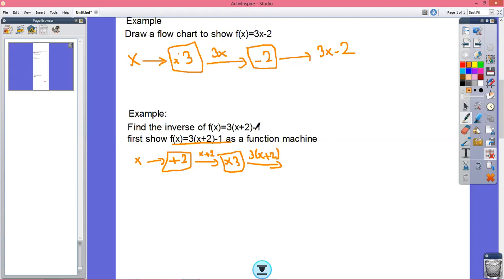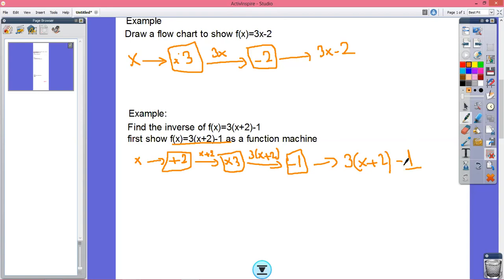Now after that, what do we have? Subtract 1, and the result will be 3 times (x plus 2), close the parenthesis, minus 1. The function machine is working in this way.